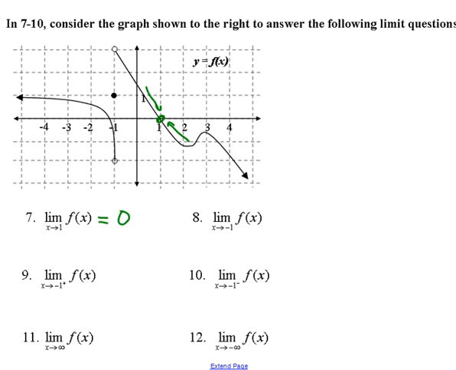Okay, as I approach -1, again, you have to go from the left and the right. So as I come from this direction here, you can see it is -2, but as I come from this direction up here, you can see it is 3. And since it is not approaching the same number from the left and the right, this one does not exist.